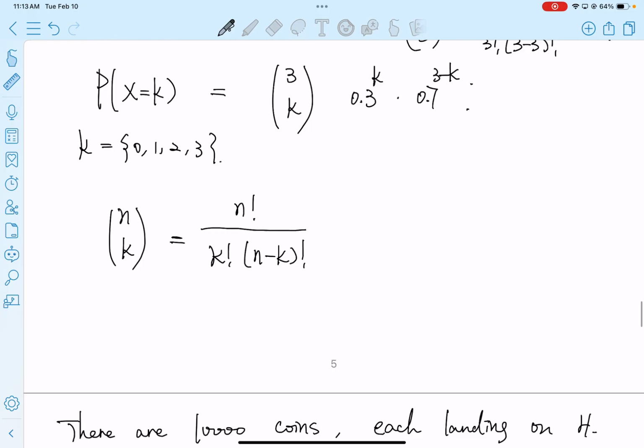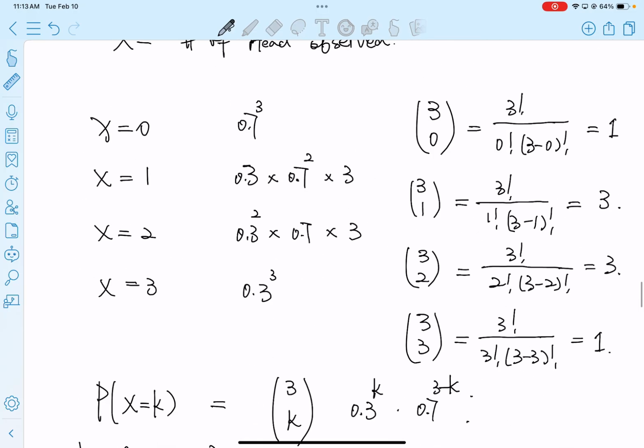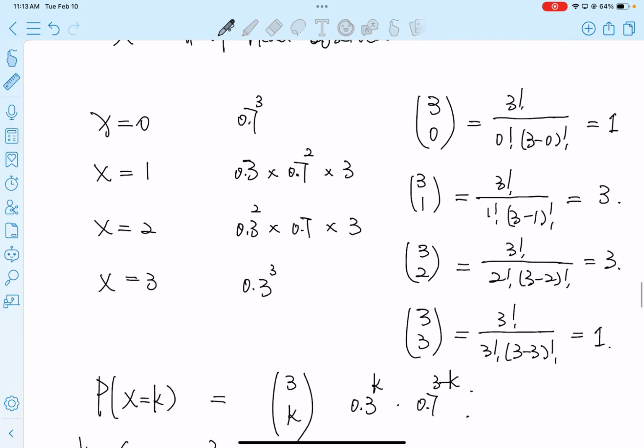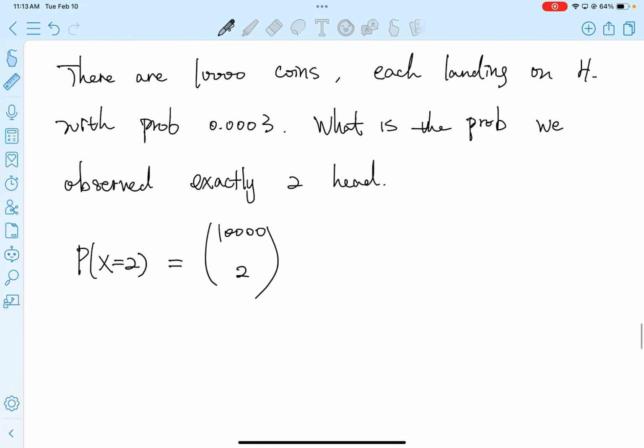So you will need to write down all the possible combinations for all the heads and tails, do the counting part, and then get the probability to answer this question. So you will have 10,000 choose 2 multiplied by 0.003 raised to the power of 2, times 1 minus 0.003.